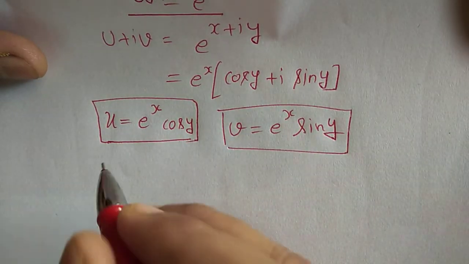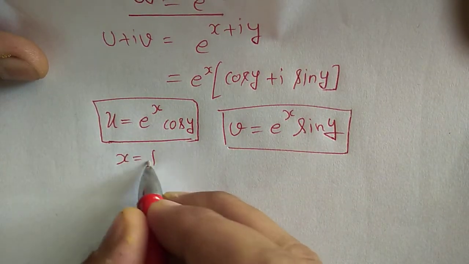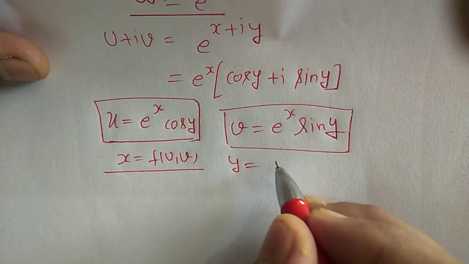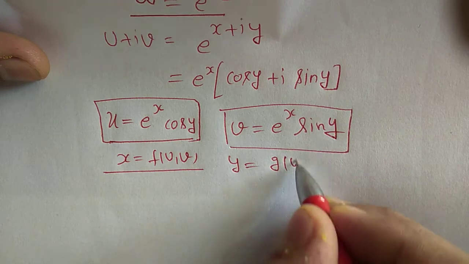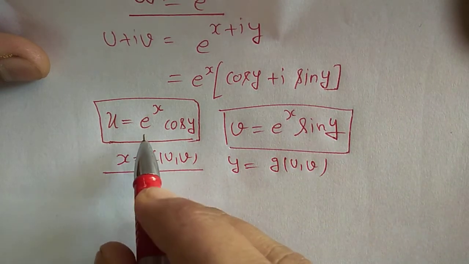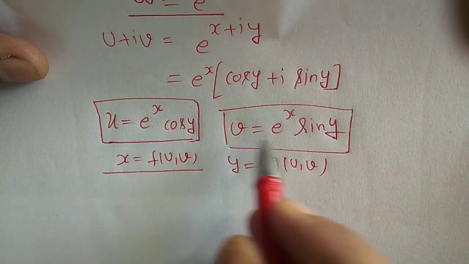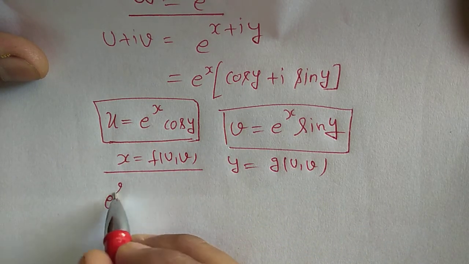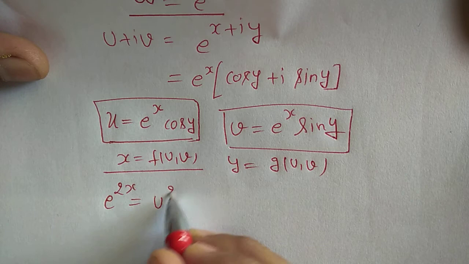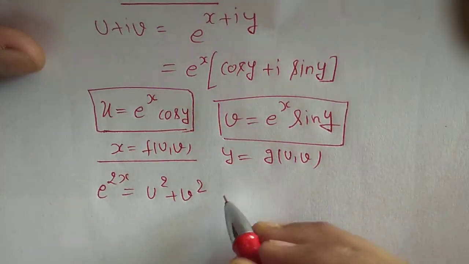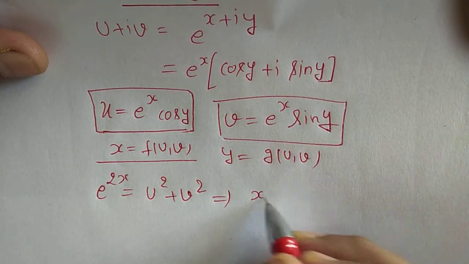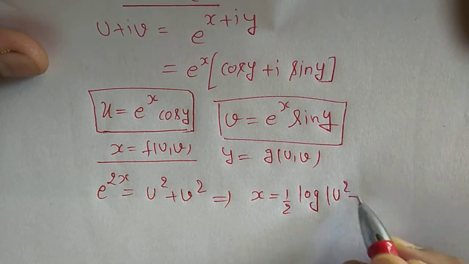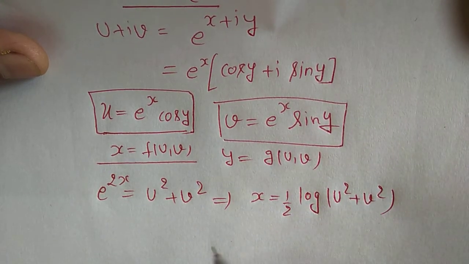Now if we want to get x as a function of u, v and y as another function of u, v, we can square both equations and add, so we get e power 2x equal to u square plus v square. So x equal to 1 by 2 log of u square plus v square.